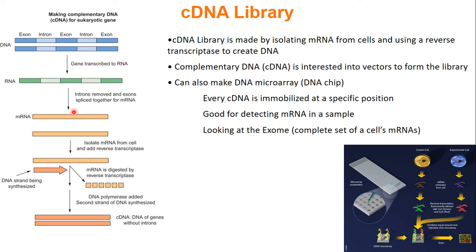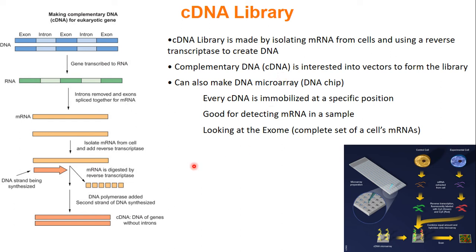In a cDNA library, you purify these mRNAs, and you use what's called a reverse transcriptase, which is an enzyme that reads in RNA and makes DNA from it. So you're isolating all the mRNA and just turning it into its DNA form. You're reverse transcribing it. We call that complementary DNA, or cDNA.